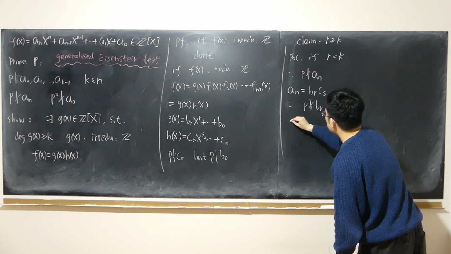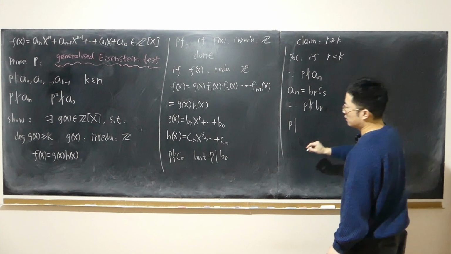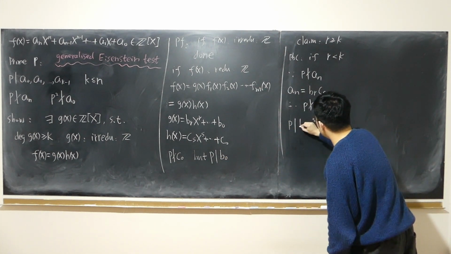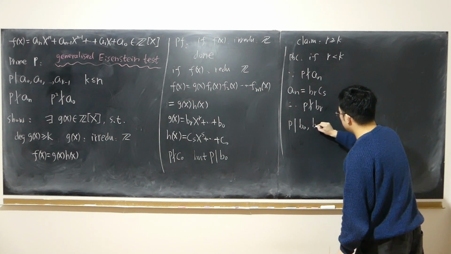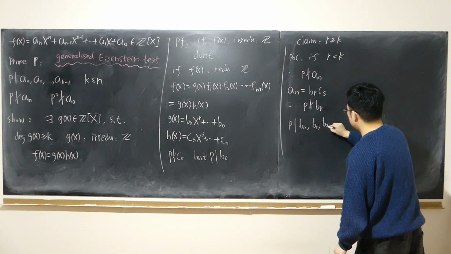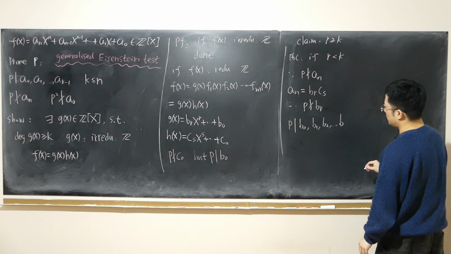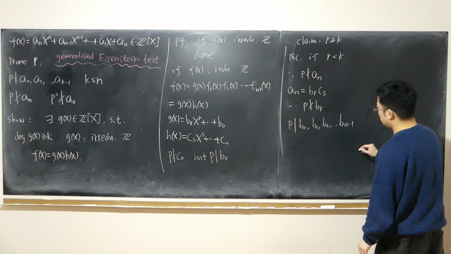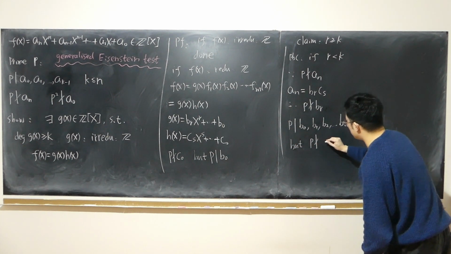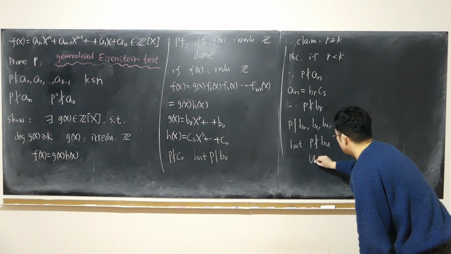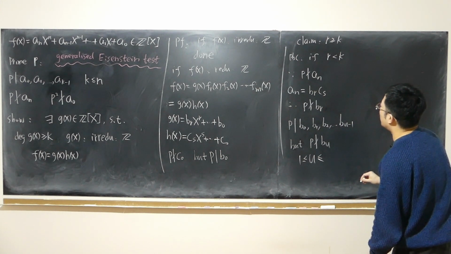That means even though P divides b naught, perhaps it also divides b1, perhaps also divides b2, perhaps also divides b_(u-1), but P does not divide b_u, where u is greater than or equal to 1 and less than or equal to r.